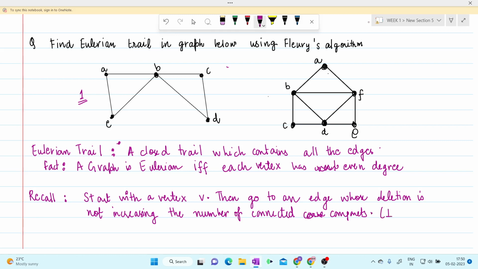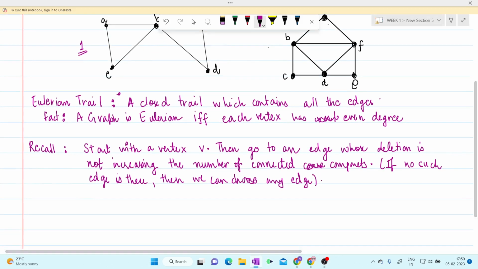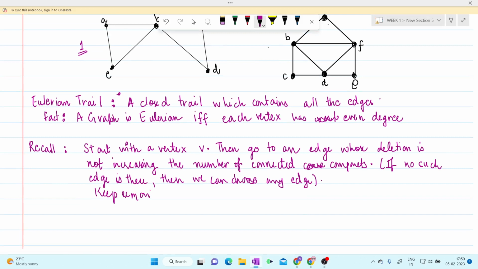And if no such edge is there, then we can choose any edge, and we keep removing the edges in our trail and repeat this procedure to get the Eulerian trail.